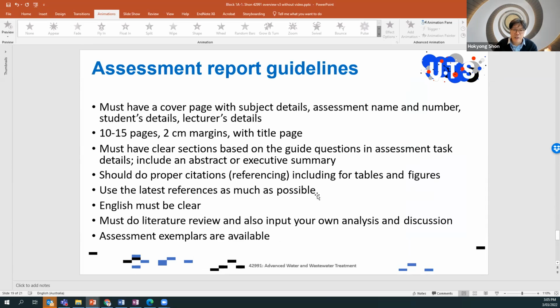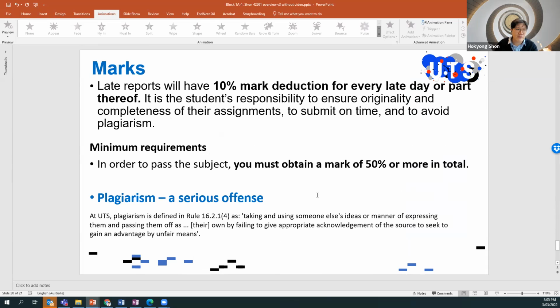I will skip this assessment part since we already discussed it. There is a 10% mark deduction for every late day or part thereof, so make sure you always plan to submit your assessments on time.